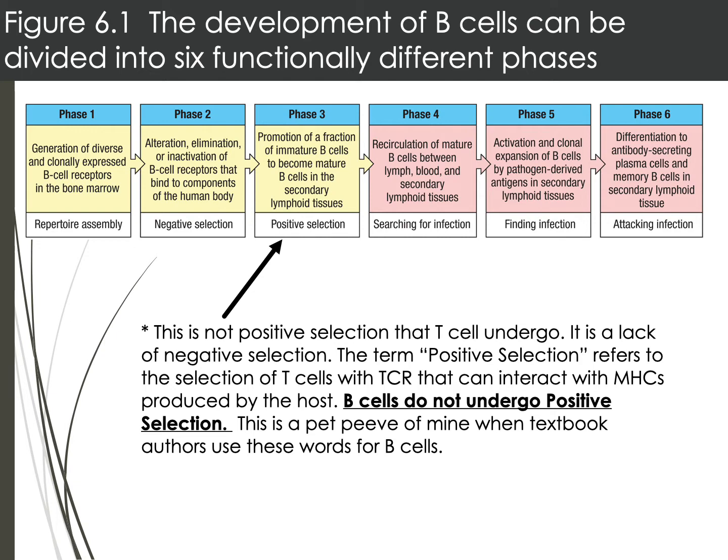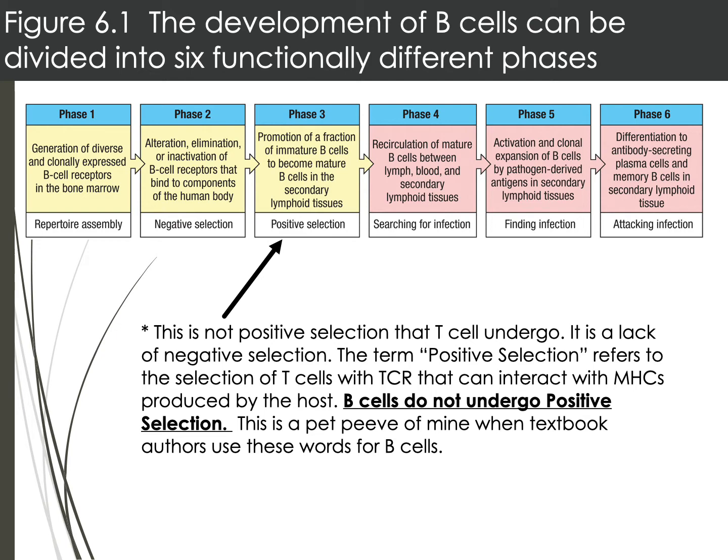So the basic stages of development is we're going to generate the B cell receptor, right? And so this is where we are selecting for the heavy chain and the light chain. So this is that repertoire assembly, meaning assembling of the B cell receptor. That B cell receptor has to then go through selection. It goes through negative selection and only negative selection.